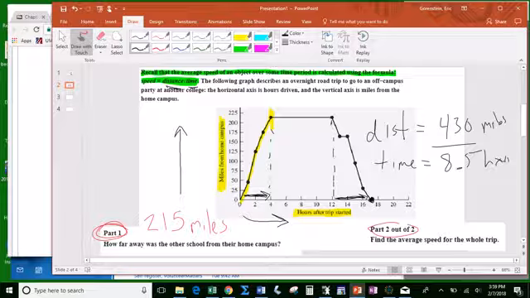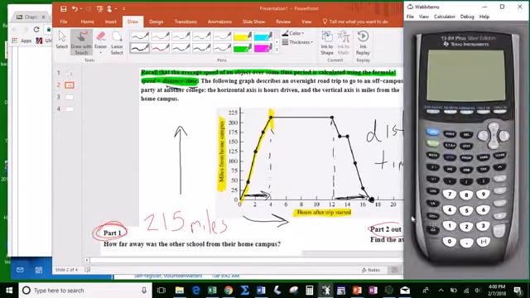430 divided by 8.5. I think the directions said rounded to 2 decimal places. So we need to take that 430, divide by 8.5. We can just pop that right into the calculator. Okay, 430 divided by 8.5.